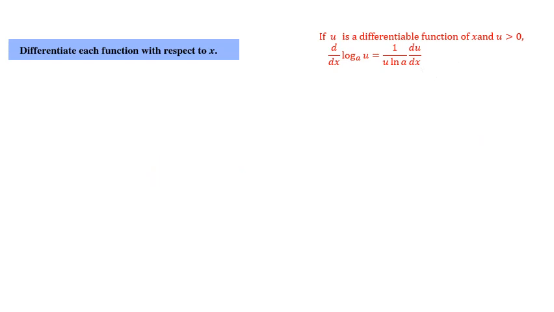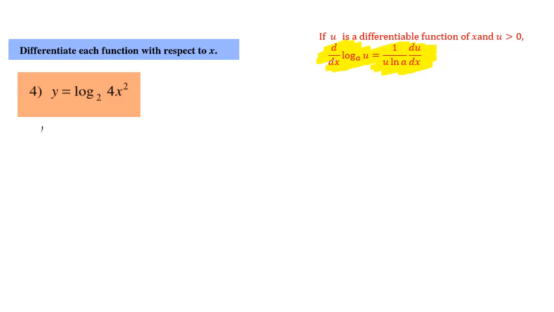Differentiate each of the following functions with respect to x. y is equal to log base 2 of 4x squared. We have a hint here that the derivative of log a of u is equal to 1 over u ln a multiplied by the derivative of u.